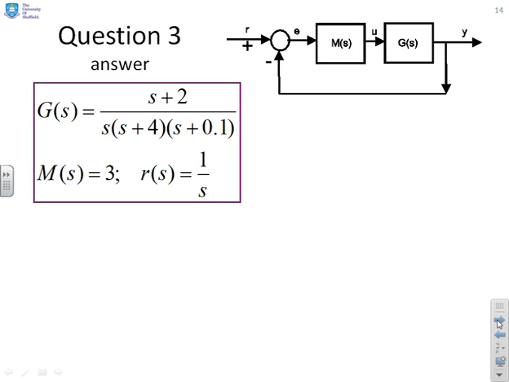Next question. (s+2)/((s+4)(s+0.1)), and again you'll see the integrator. So this problem reduces to checking for closed loop stability.